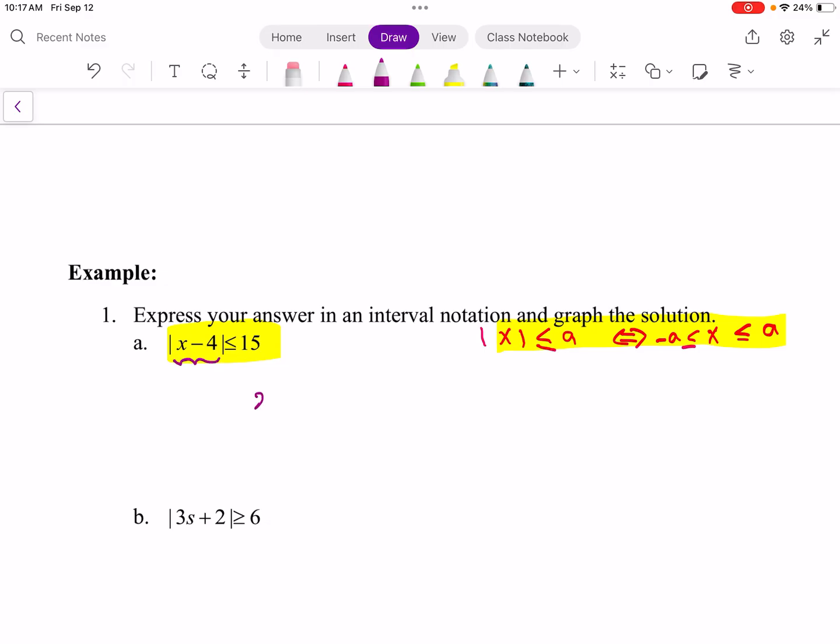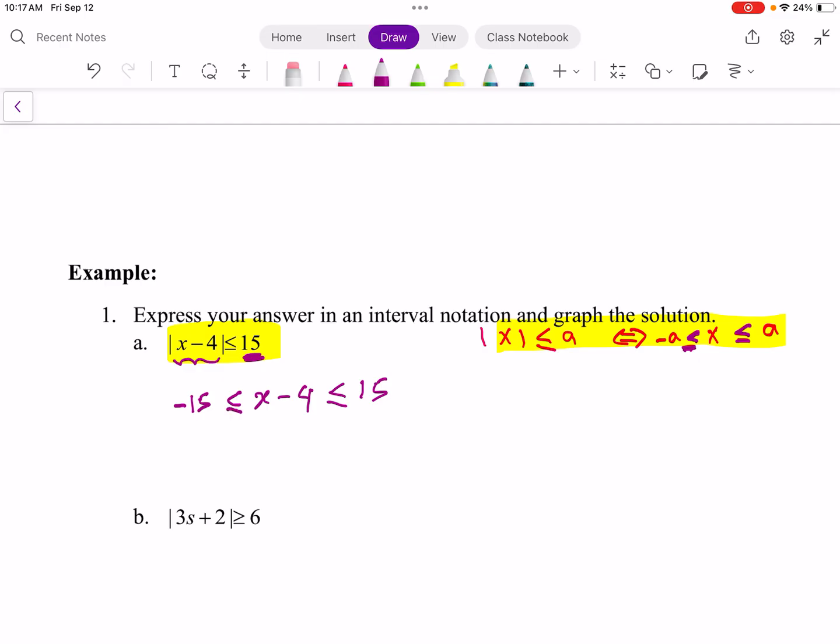So we have x minus 4. Then greater than or equal to negative of this number, negative 15. Then less than or equal to positive of this number, which is 15. So this is how we can rewrite the absolute value inequality in terms of linear inequality.